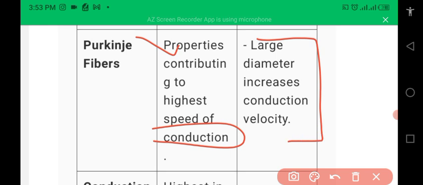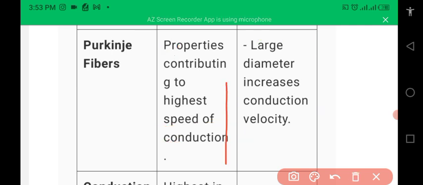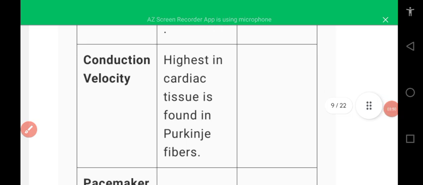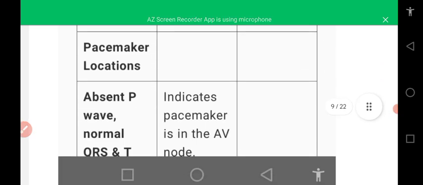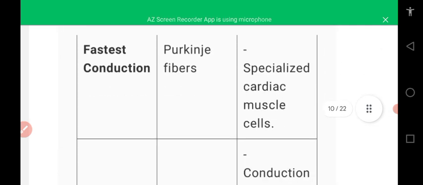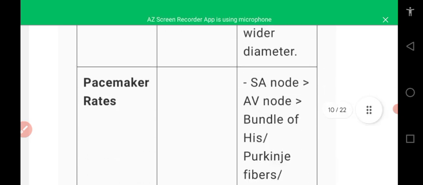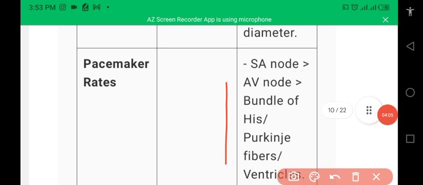When the diameter is large, conduction speed will be greater. So in this way Purkinje fibers have the highest conduction velocity. Purkinje fibers are fast-paced fibers, specialized cardiac muscle with a larger diameter.